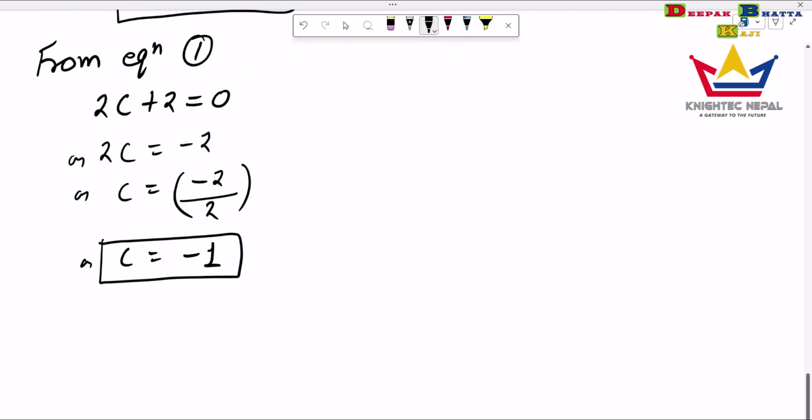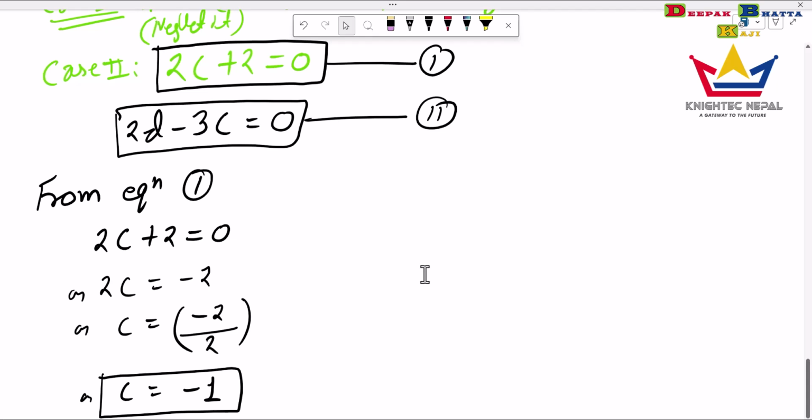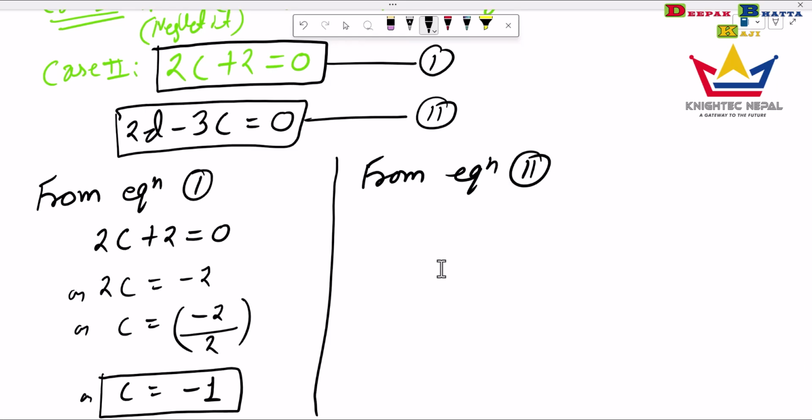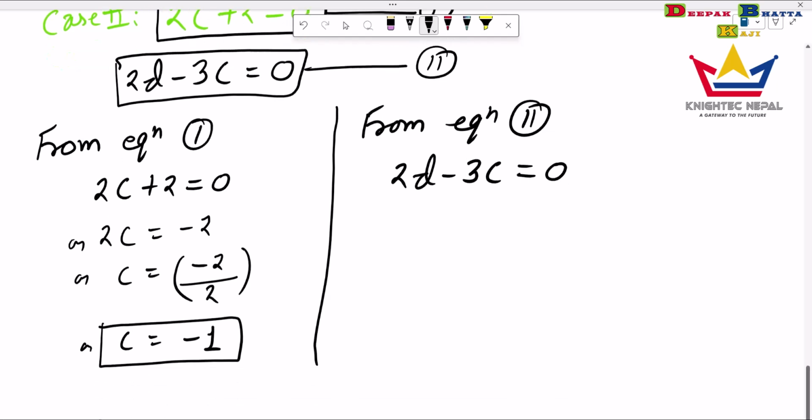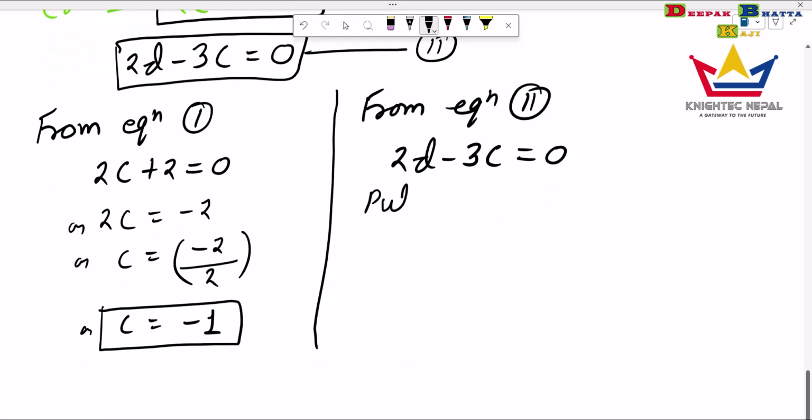So from equation 2, we have 2d minus 3C equals to 0, right? So put the value of C in equation 2.